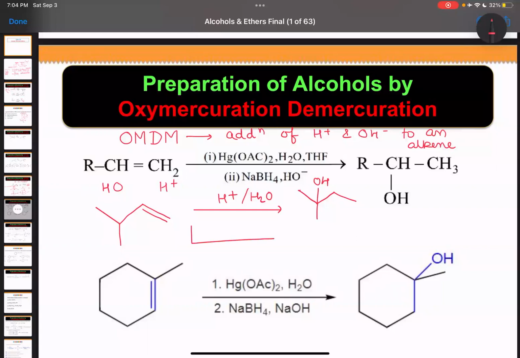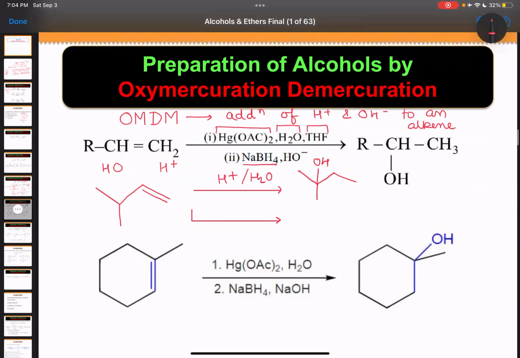But if we take the oxymercuration demercuration method, how do you add water by it? What are the reagents? The reagents are mercuric acetate and water. The THF is the solvent to dissolve mercuric acetate and water, followed by NaBH4, sodium borohydride.